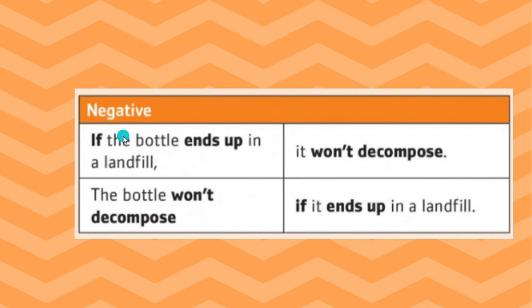So, we have the affirmative form, and here we have the negative form. And it says, if the bottle ends up in a landfill, it won't decompose, okay? Won't. Here we have the negative element. It is won't, right? And here we have the same, but we start the sentence with the main clause, okay?